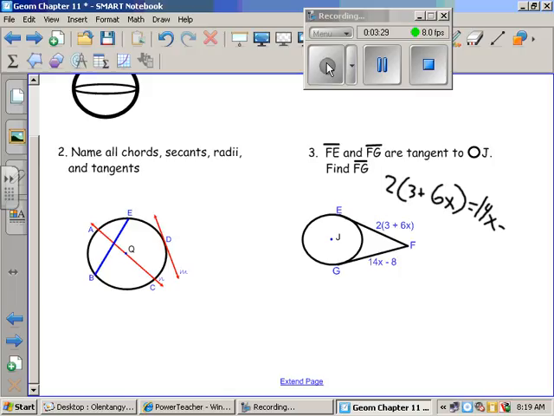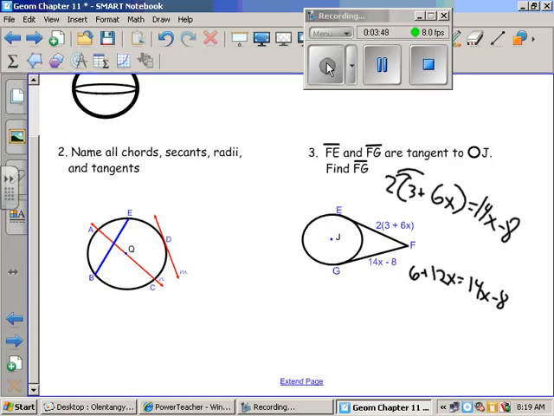And then I distributed to get 6 plus 12x equals 14x minus 8.